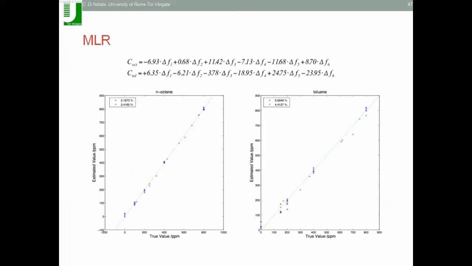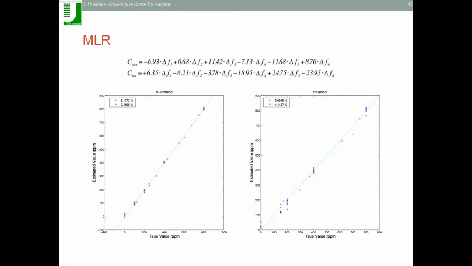If we apply the multiple linear regression, this is what we get. This is not bad, because we see that we can evaluate the concentration of octane and toluene. This is the so-called scatter plot. Here we have the estimated value versus the true value, and everything on the 45-degree line means it is okay.